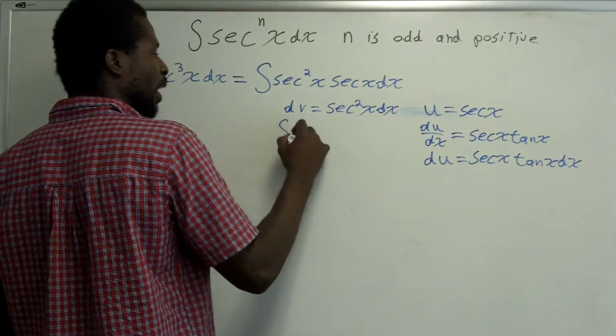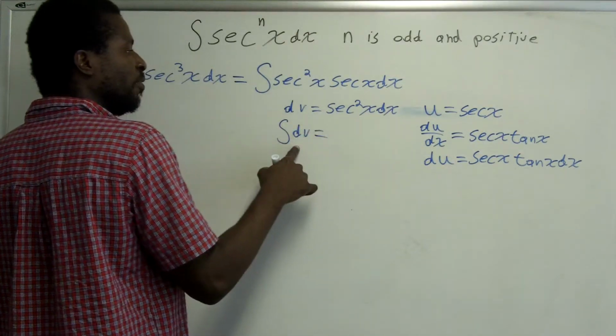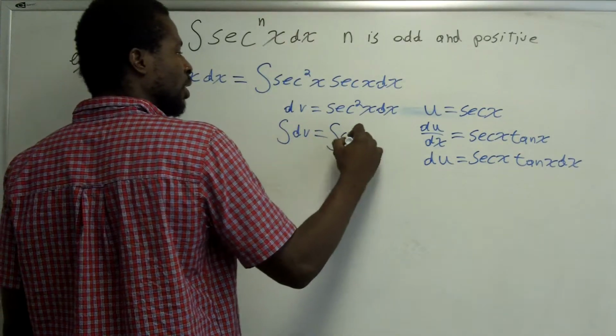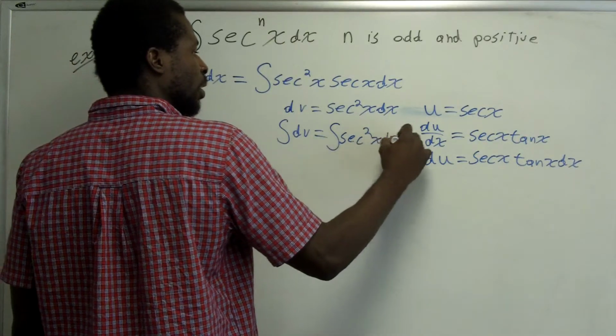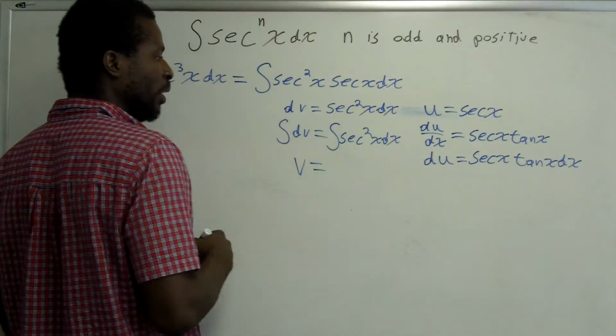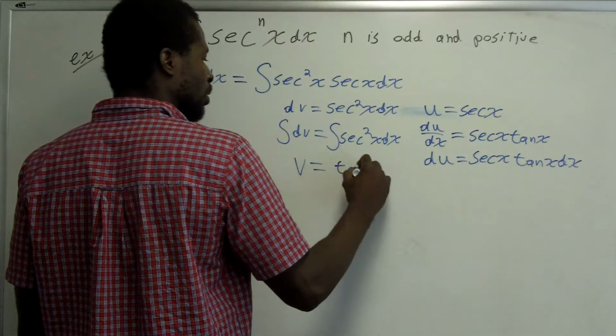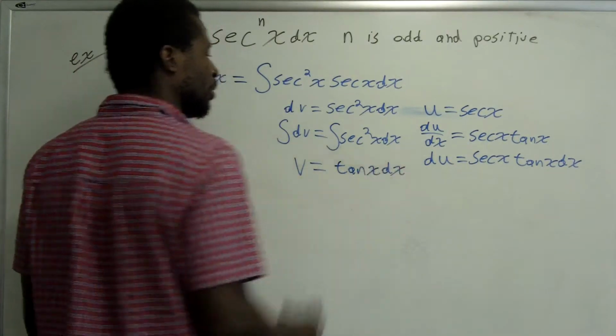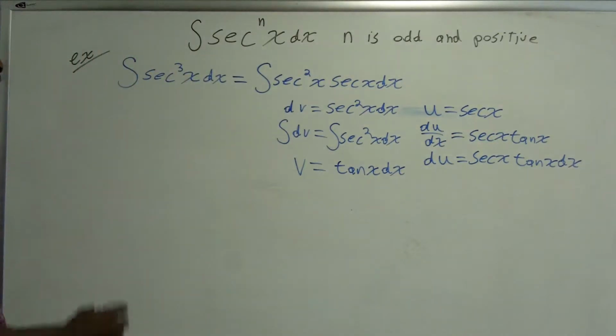For dv, if you integrate dv, you get v, but that means you have to integrate the secant squared of x dx. And if you integrate the secant squared of x, you get the tangent of x. So there we have everything we need.